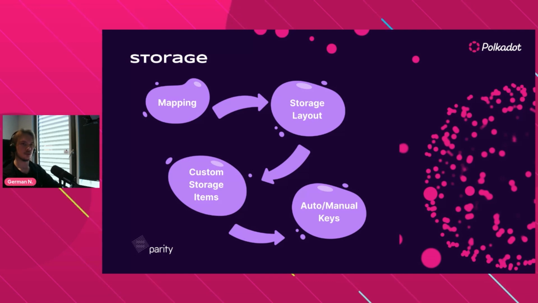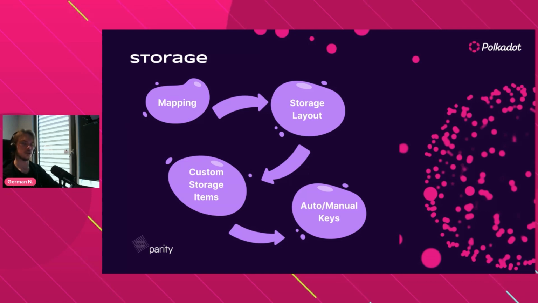And for my part, I'm going to talk about one of the most important aspects of smart contract development, which is storage. Even though it's a very theory-heavy concept and there's a lot to cover, I'll try to make this journey as smooth as possible. On this slide, you can see the outline of the topics I'm going to cover. We're going to start with mapping, one of the core data structures in smart contract storage. Then we're going to move into storage layout.